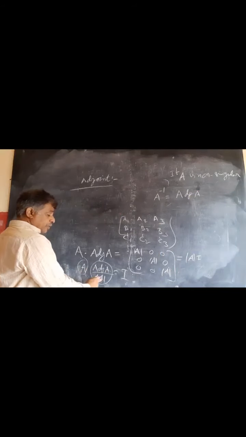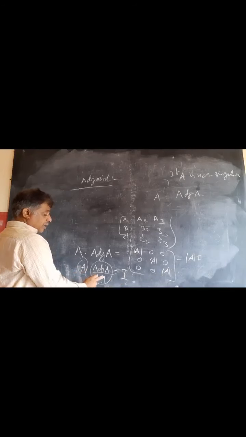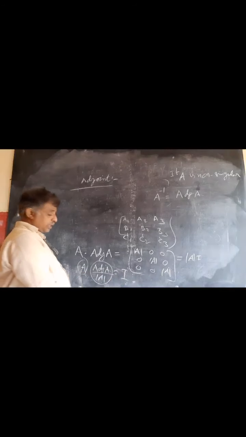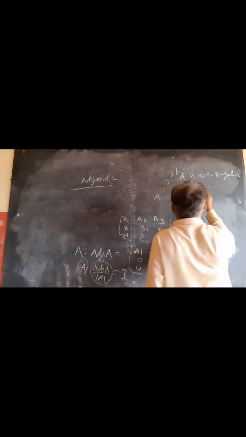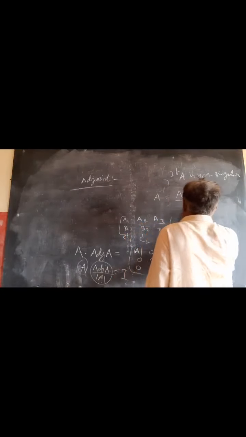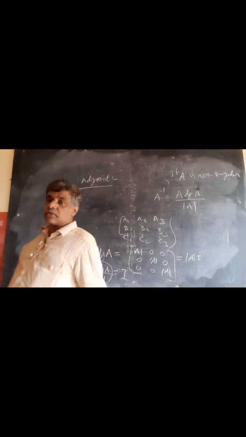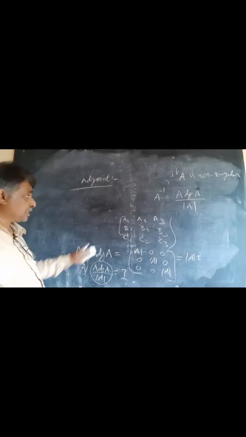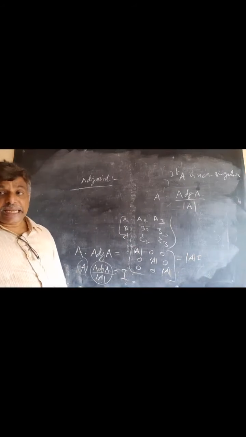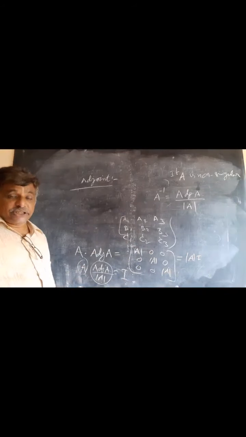So A into B equals I, so A equals B inverse or B equals A inverse. So A inverse equals adjoint A by det A. Like this we will find the inverse also using adjoint.